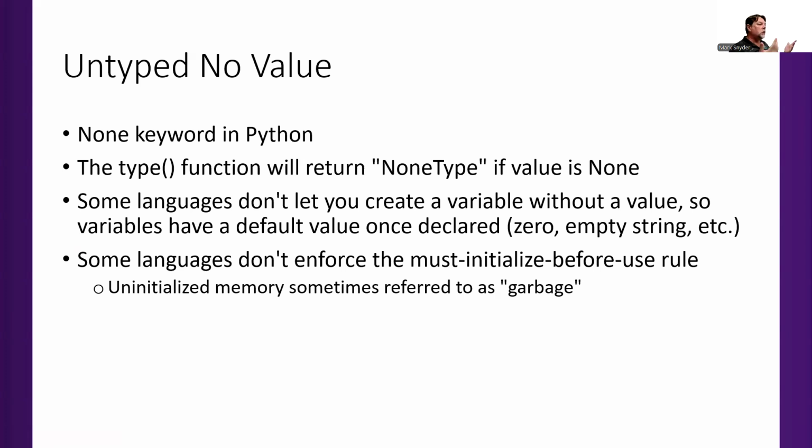Other ones, you have to initialize it, and if you don't tell it what to initialize it to, it'll be automatically set to a default value. C++ is like that. If you declare an integer value in C++, it's set to 0 for you, even if you didn't set it to 0. I always tell people to be explicit about it, just so you're in control and you know what it was set to. But it's going to have a value.